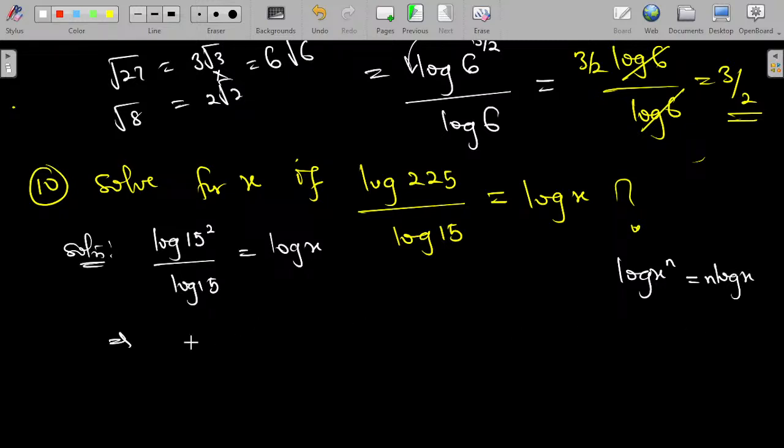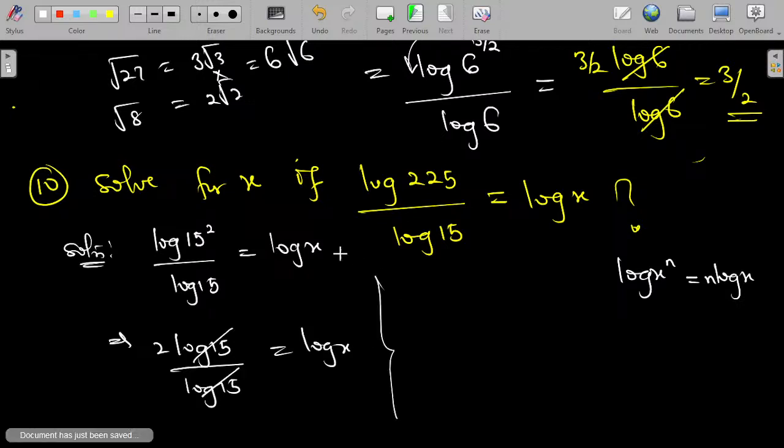So that's going to give me 2 log of 15 all over log of 15, and that is equal to log of x. So this will take away this. So we can finish up here.